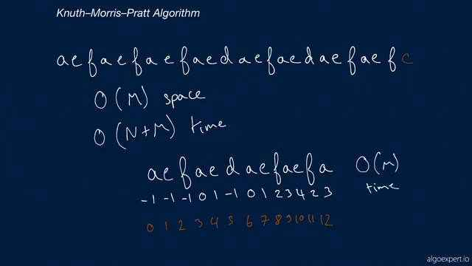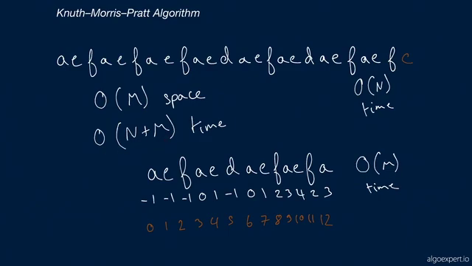And we'll explain why that is in a second. The second part of the algorithm, the actual searching in the main string, is going to take O of N time. And we'll explain why that is in a second. So you can imagine that we've got these two independent parts in the algorithm, O of N plus O of M, O of N plus M.